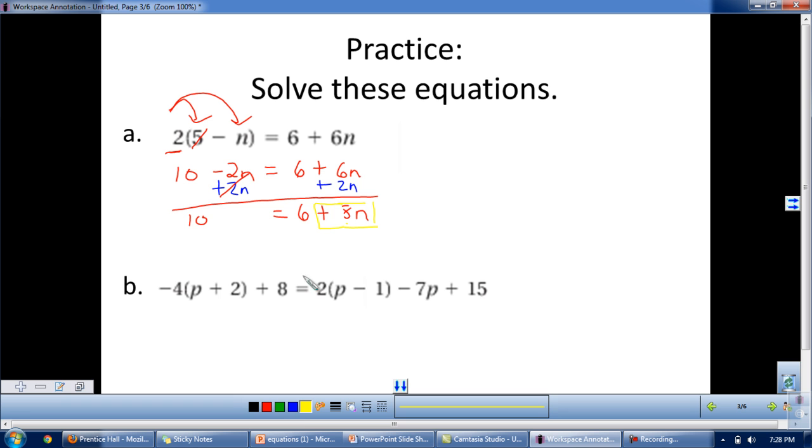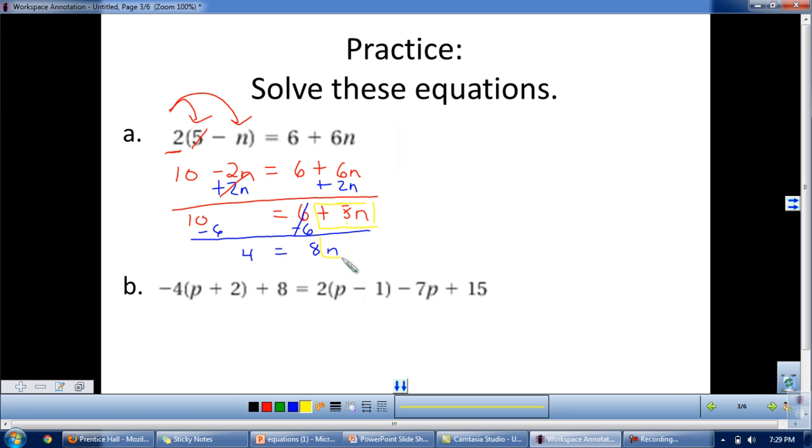It's positive 6, so we find the reverse operation of adding 6, which is subtracting 6. 10 minus 6 is 4, equals the 6 minus 6 cancels out, leaving us with 8n.